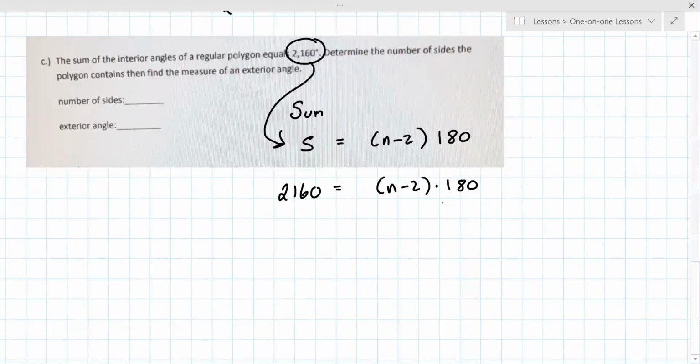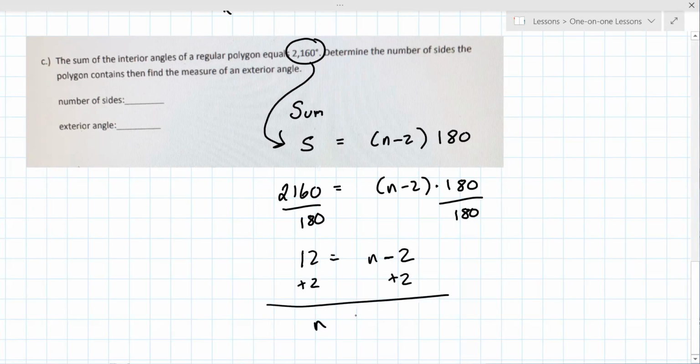If you are, grab a calculator and take 2160 and divide it by 180. I got 12. So 12 equals n minus 2. You have to make sure that you remember, oh yeah, I've got to add 2 to that. So the number of sides is 14.